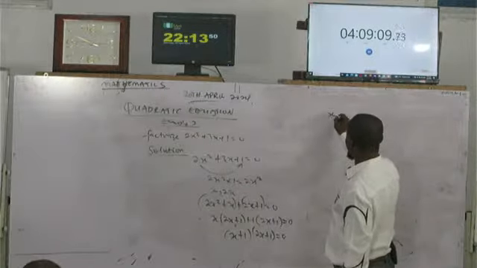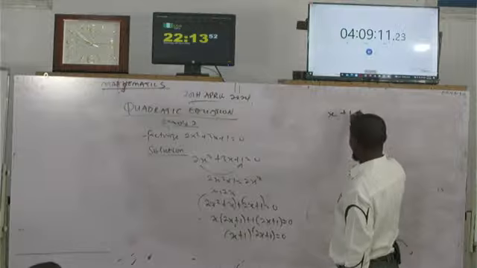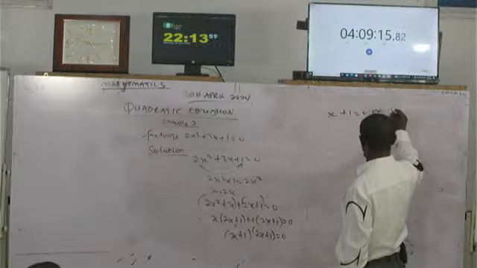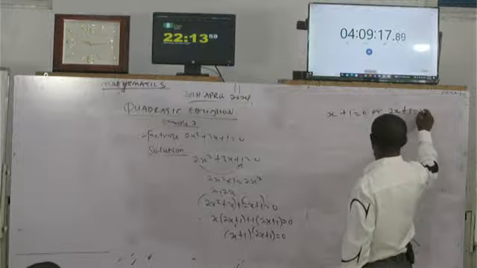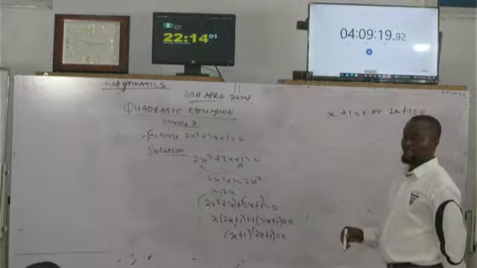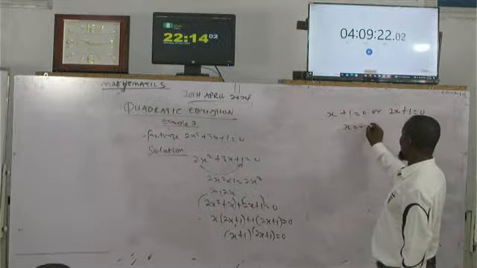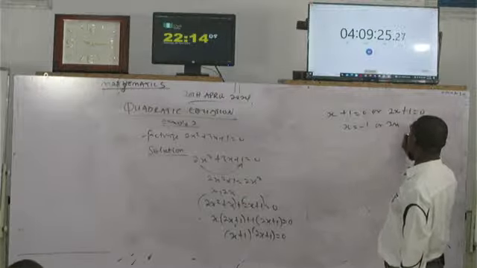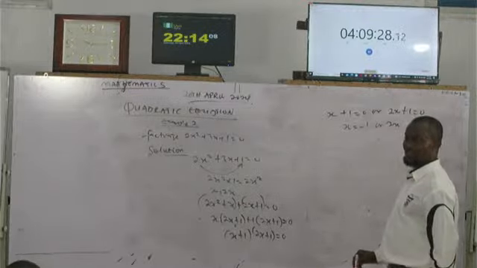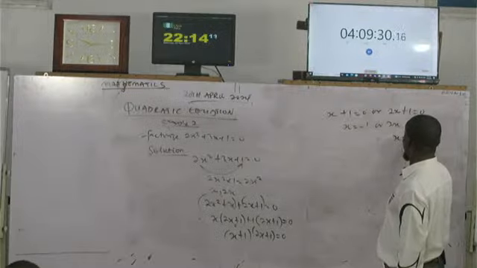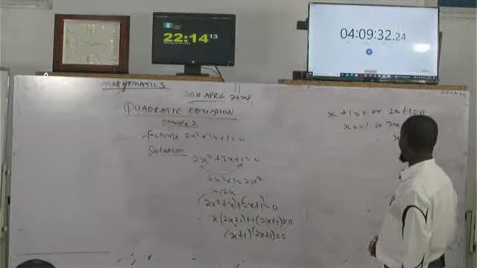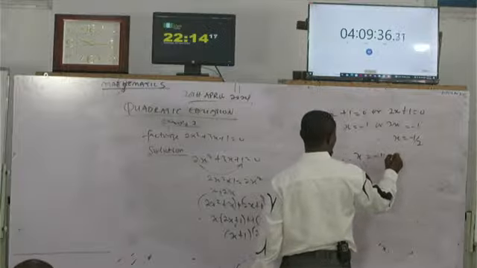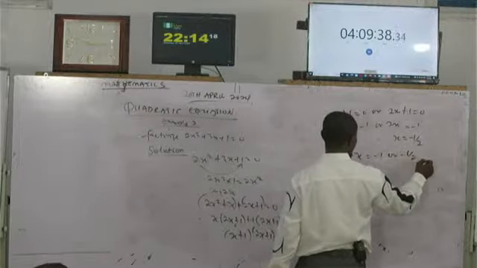So from that, x plus 1 equals 0, or 2x plus 1 equals 0. So what is the answer here? x equals minus 1, or 2x equals minus 1. So from there, x equals what? Minus 1 over 2. Therefore, x equals minus 1 or minus 1 over 2.